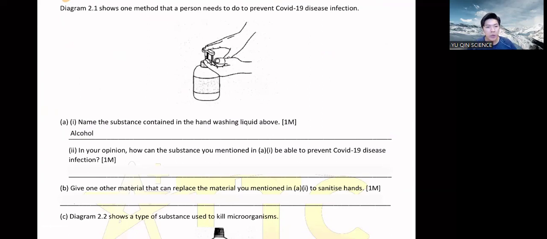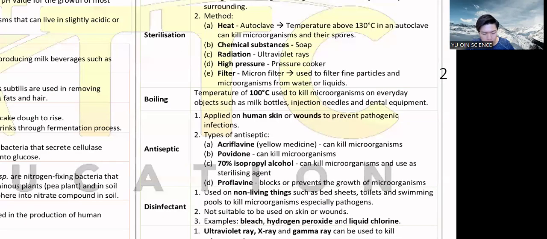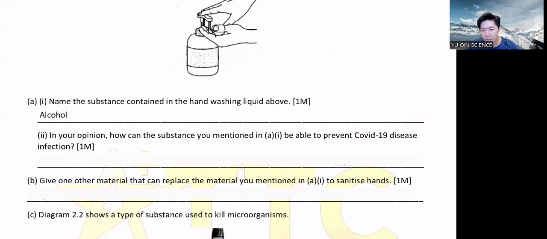Next one. In your opinion, how can the substance you mentioned, alcohol, help to prevent COVID-19 disease? First of all, alcohol belongs to antiseptic. So how does antiseptic help? Antiseptic can help you to eliminate the viruses, to shoo the viruses away.